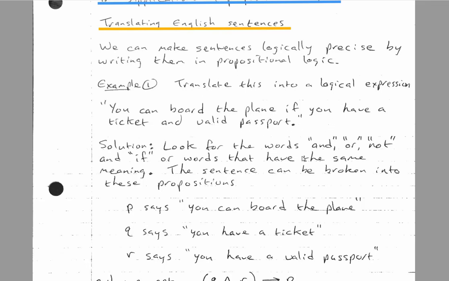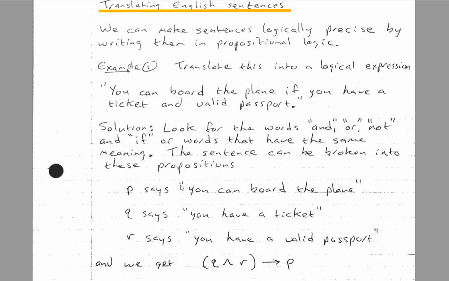Well, we're looking for these words: and, or, not, and if. So those are our logical operations. There might be other words that have the same meaning. And we also need propositions, so we can use these propositions.